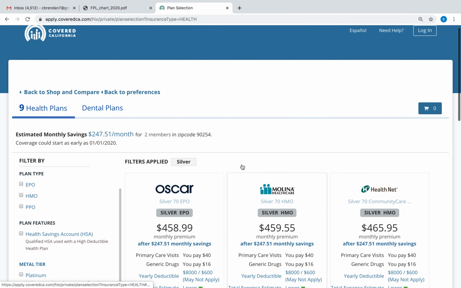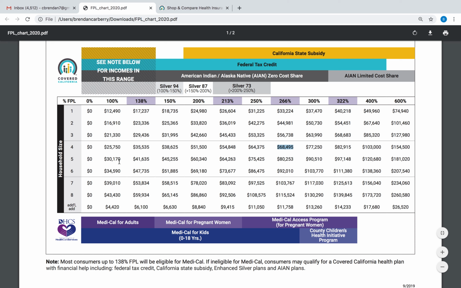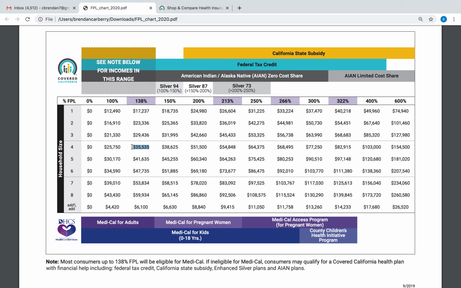Okay. One last thing, real quick. If all four wanted Medi-Cal, it would have to be under 35,535, and all four, the family of four, would get Medi-Cal. Everyone would. So Medi-Cal for adults, here's the line.